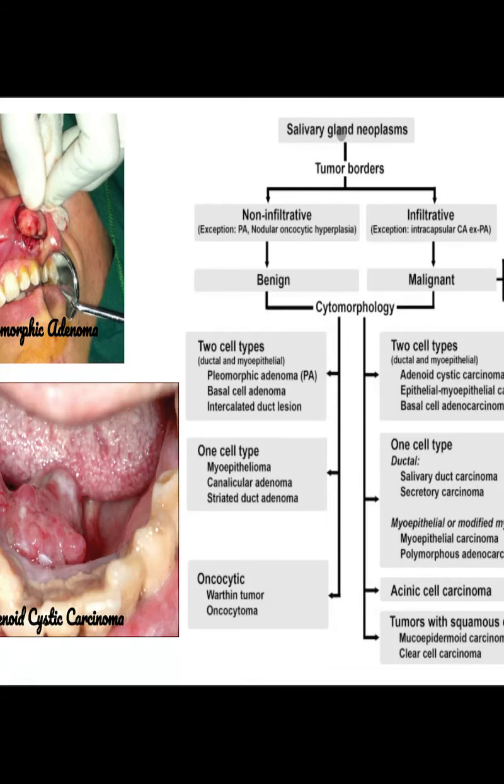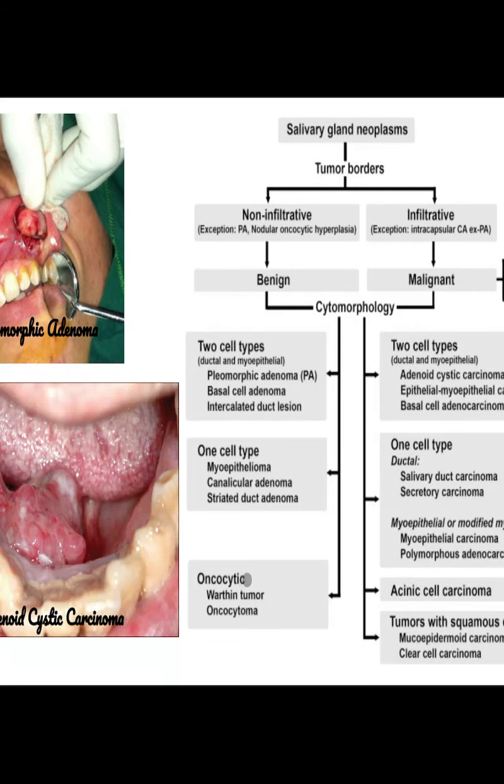Category number 4, which is gland neoplasm, can be divided simply into benign and malignant. We have an example of a benign, which is pleomorphic adenoma, hence the name adenoma. And for the malignancy, we have adenoid cystic carcinoma, the name carcinoma indicates its malignancy.